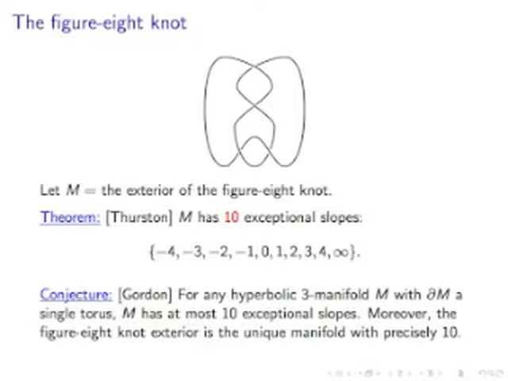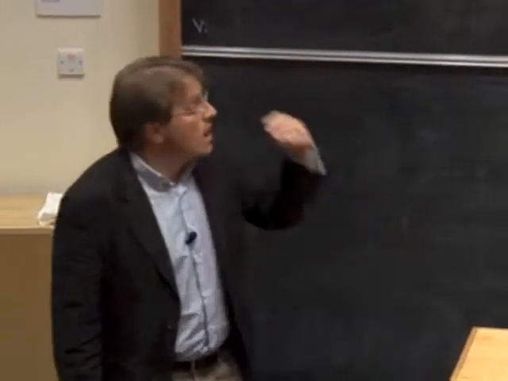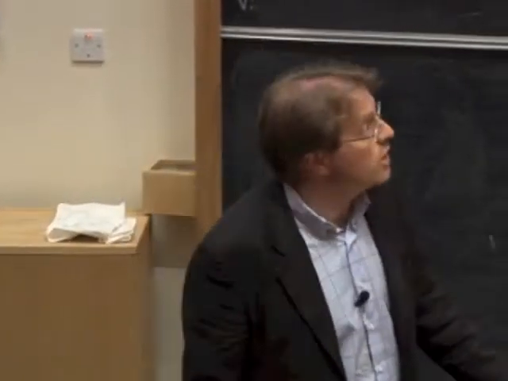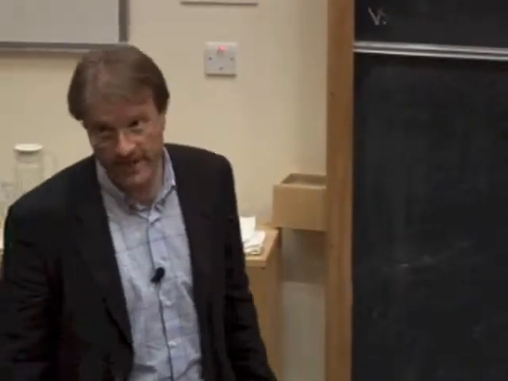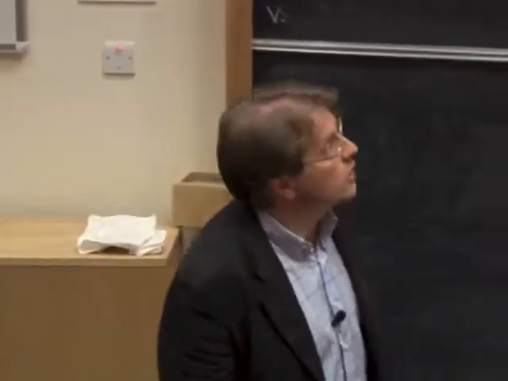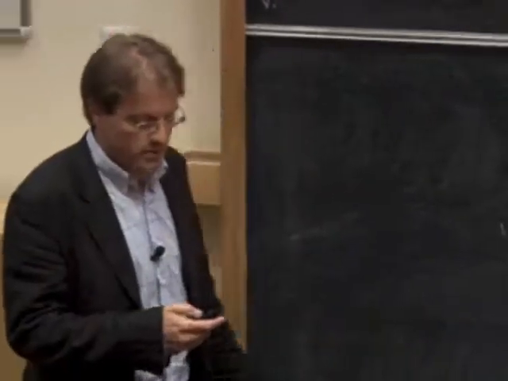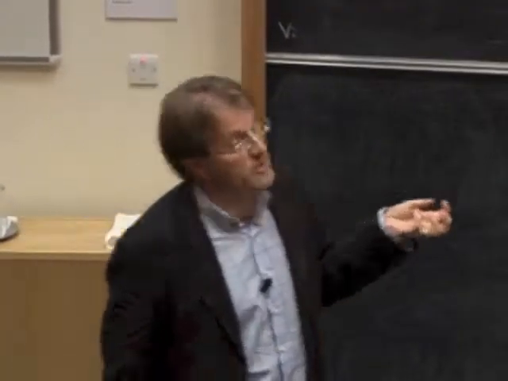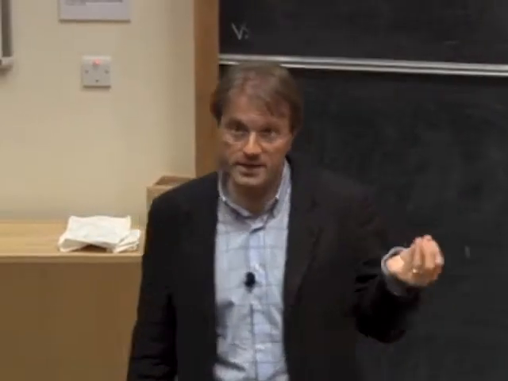And, moreover, the figure-8 knot exterior is the unique manifold with precisely 10. And, as I say, this is what I and my co-author, Rob Meyerhoff, have proved, or at least we've proved the first half of that conjecture. We proved that 10 is indeed the maximal number of exceptional slopes. But we still don't know whether the figure-8 knot exterior is the unique example realizing that.